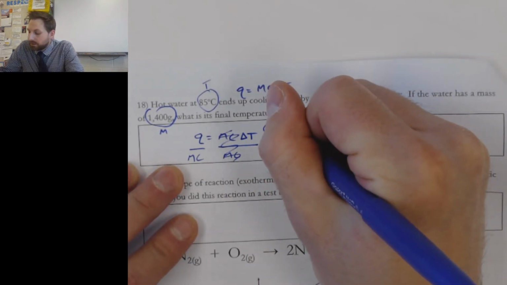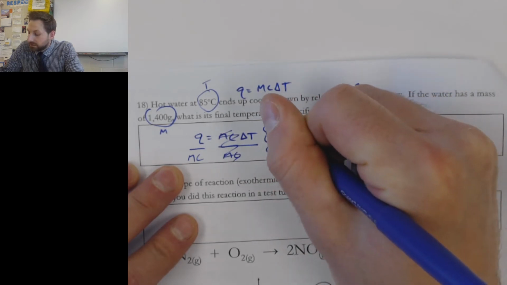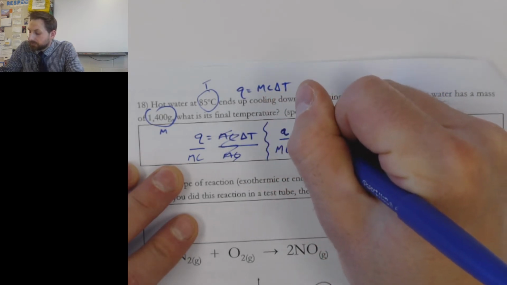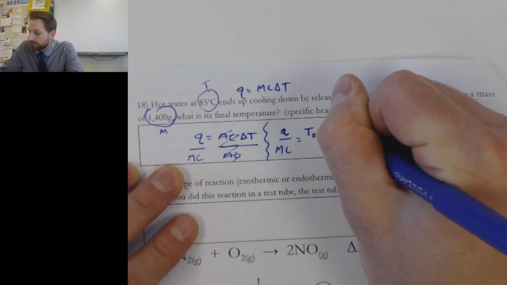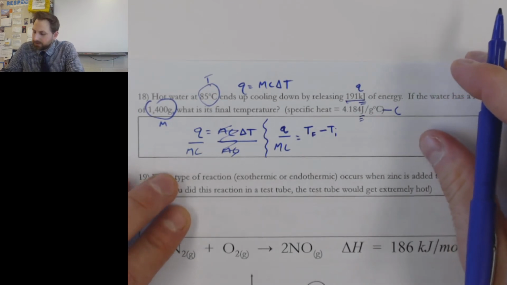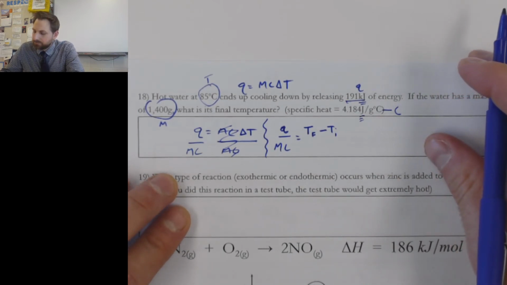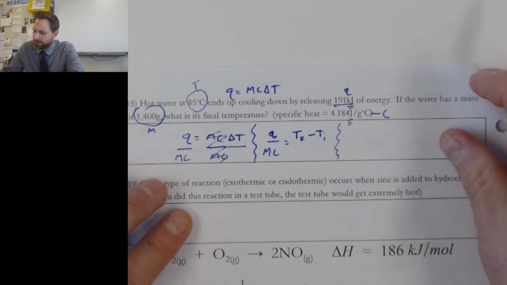But then remember, delta T has meaning. Delta T means temperature final minus temperature initial. So that's kind of crazy, right? All right. Let's go with that and start plugging in some stuff.